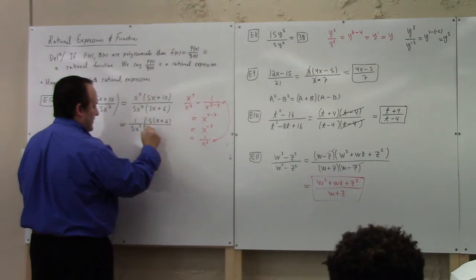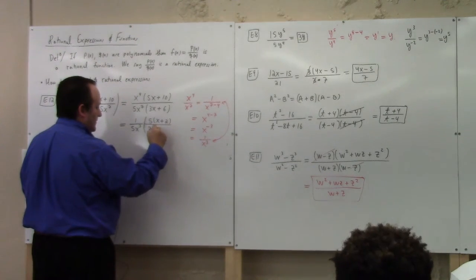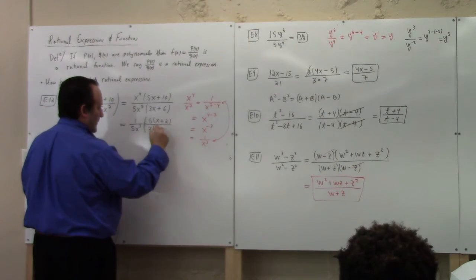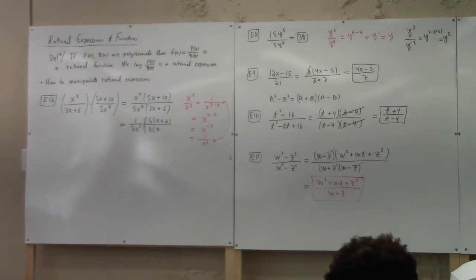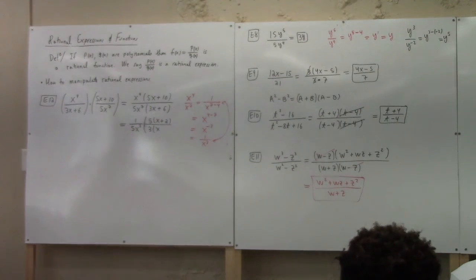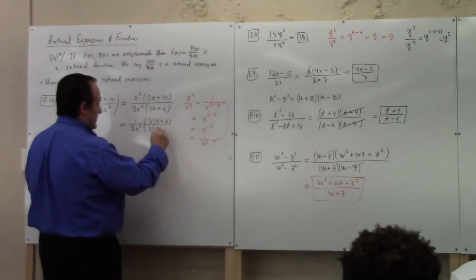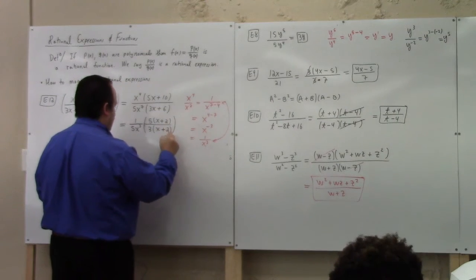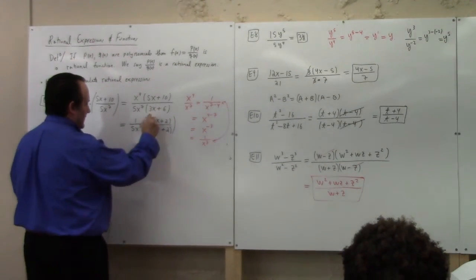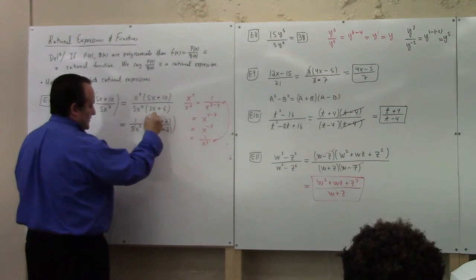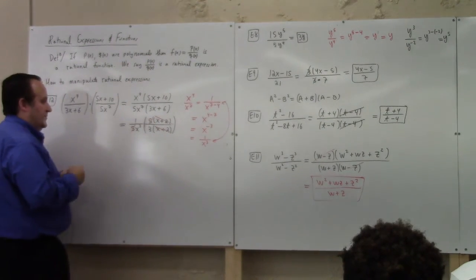And we can factor a 3 out of the 3x plus 6, can't we? We have 3 times x plus 2. Oh, look at that. Those wascally wabbits. See here. So the 5's cancel, the x plus 2's cancel, and what are we left with?